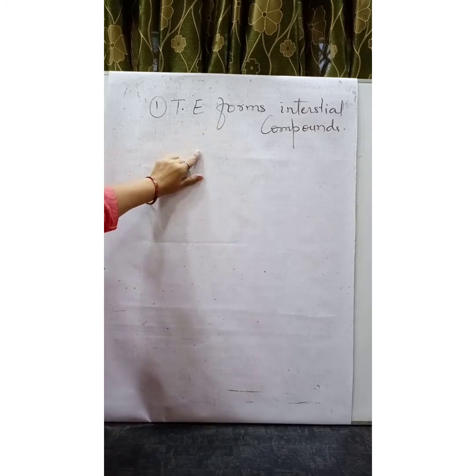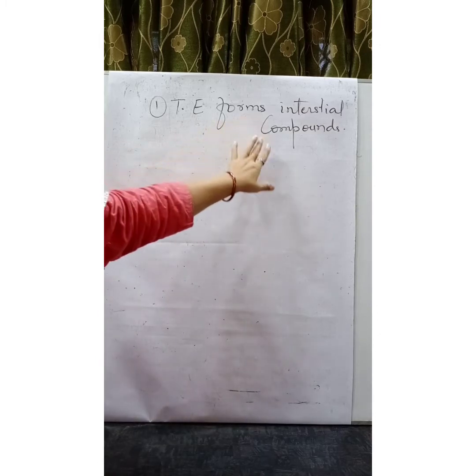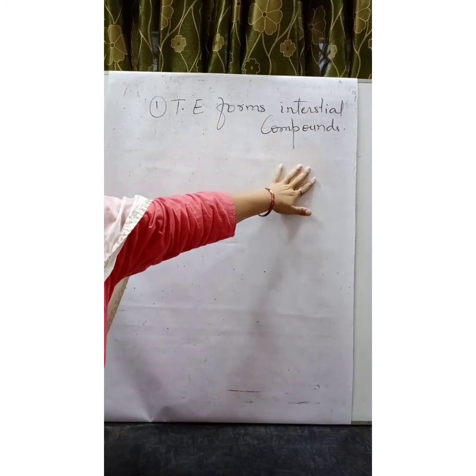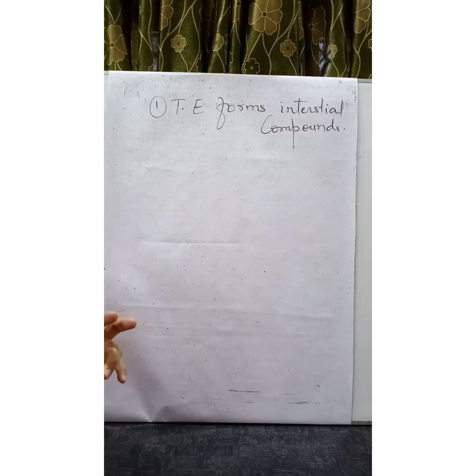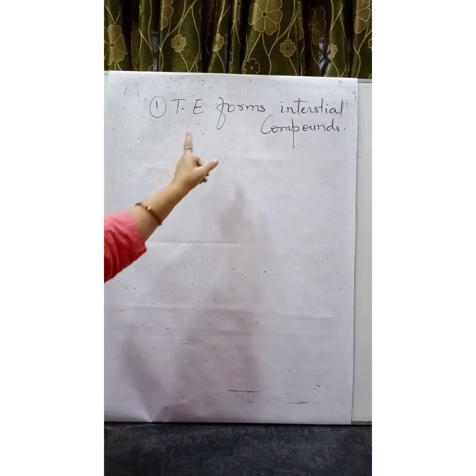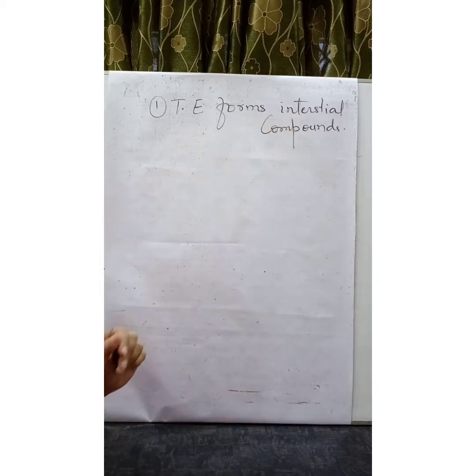So because of this, the smaller atoms like boron, carbon, nitrogen, etc. get trapped in the voids of the crystal lattice of transition elements, resulting in the formation of interstitial compounds. These compounds are non-stoichiometric in nature, very hard, with high melting point.